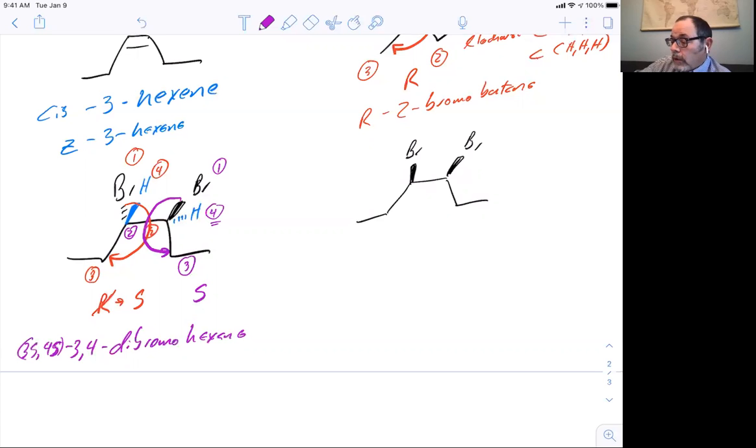If we do the other one here, starting with 1, 2, 3, we go in this direction, right? My lowest priority is back. So therefore, this is going to be R. Lowest priority is back, so it stays R. The other side, we get 1, 2, 3. My lowest priority hydrogen is back.